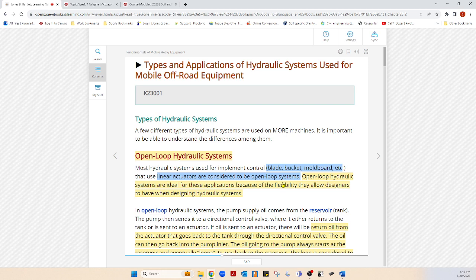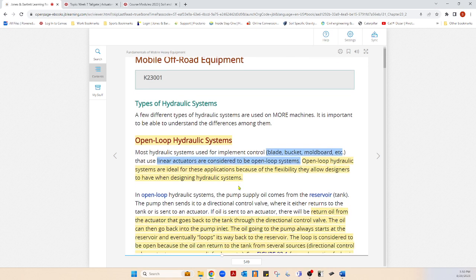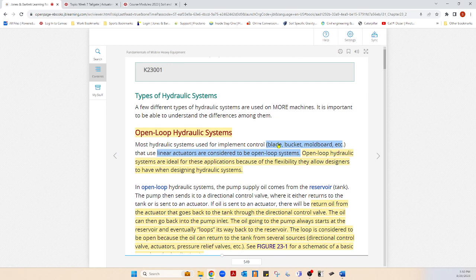I'm going to ask you some essay questions pertaining to B. I'm going to ask you to briefly, and I use the word briefly, describe the open loop system. You can see that they're ideal for linear operations, which is blade, bucket, moldboard, etc. The open loop hydraulic system is ideal for those kinds of things, for linear type movement of the actuator.